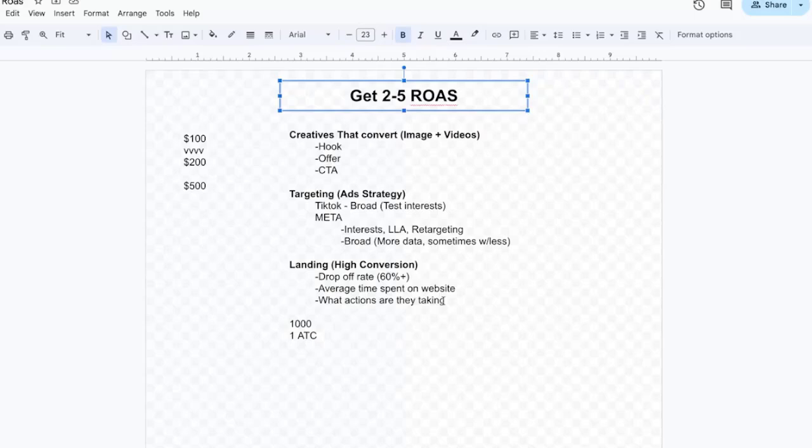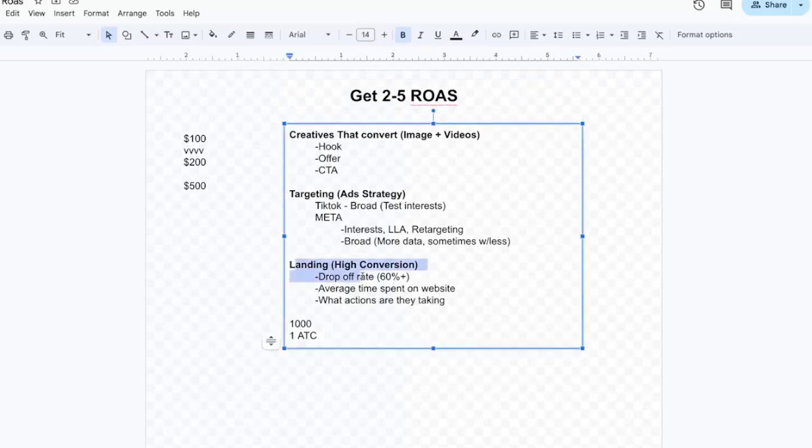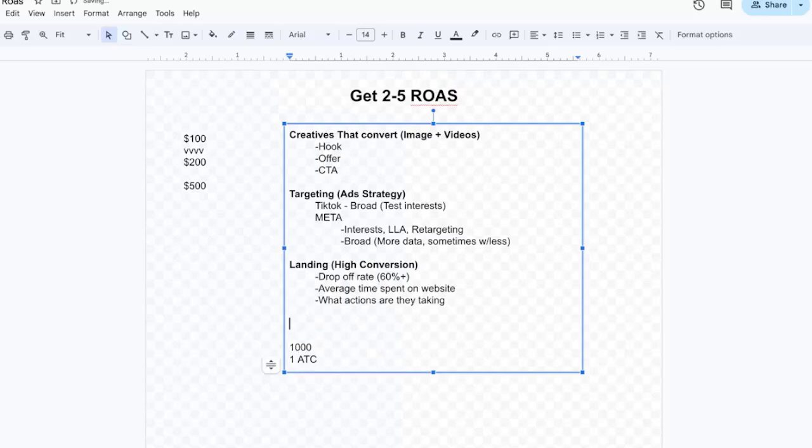But yeah, so this is like the key aspect. Once you have someone come to the landing page, the main thing is making sure that there is an easy UX for checking out. It depends on what you're running.